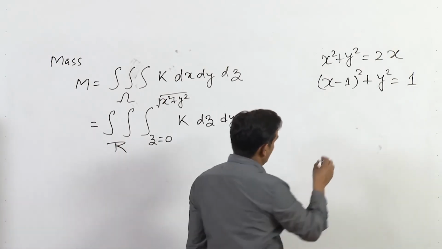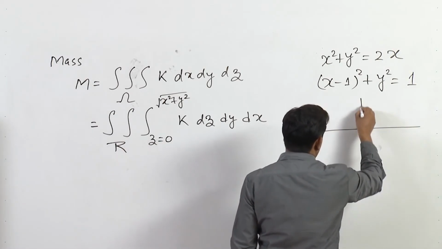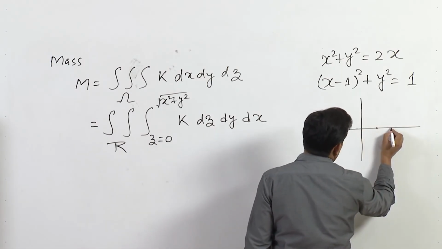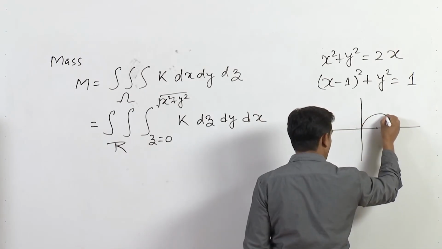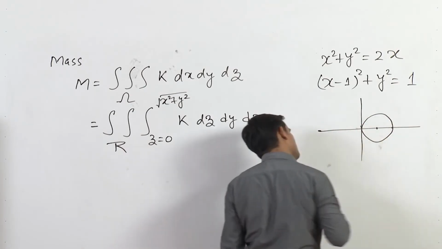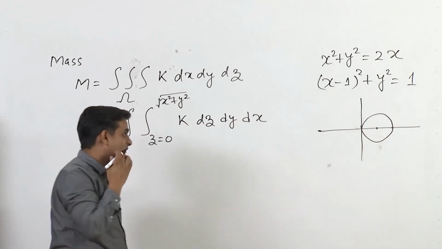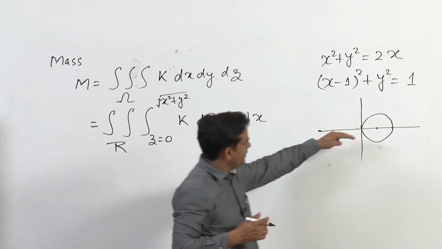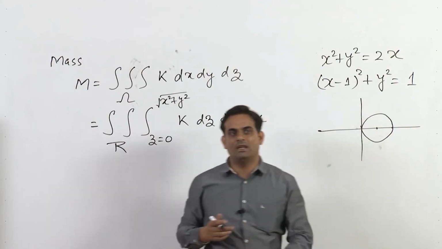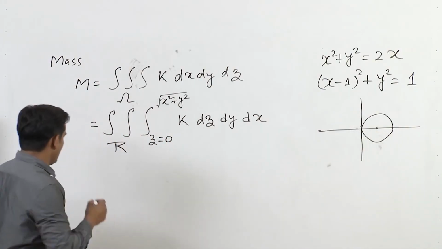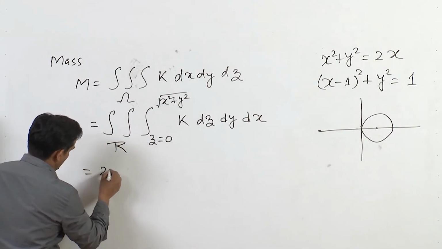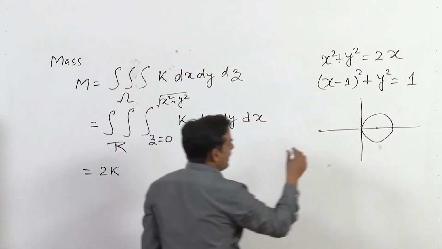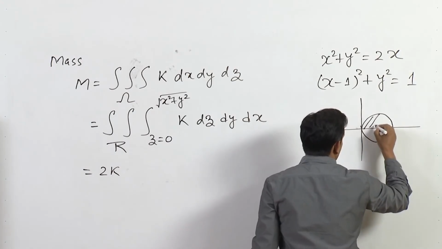So, it will be a circle having center at (1, 0) and having radius 1. So, it will be a circle like this. Whatever mass we will be having above the x axis, the same mass I will be having below. So, what I can do is write 2k. So, k I have taken out, and now I will concentrate on this region only.